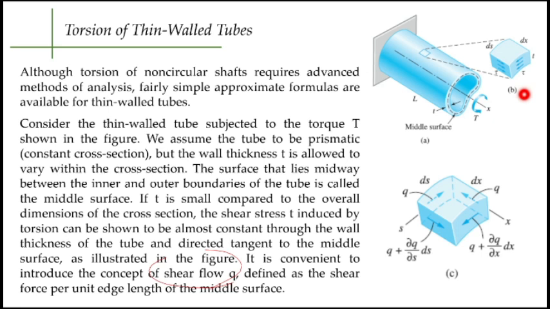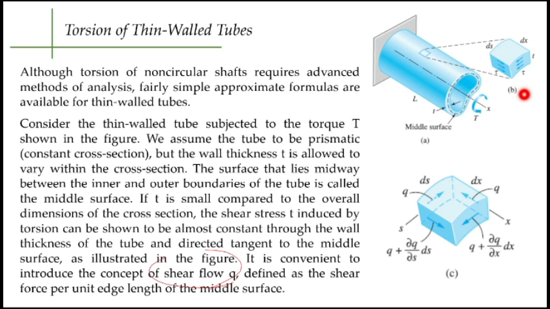Okay, so because of the small thickness of our material, it is assumed that the entire thickness exhibits the same amount of shear stress. So if the entire thickness exhibits the same level of stress, that means the shear stress acts at the middle. Just like how we calculate our normal stress.